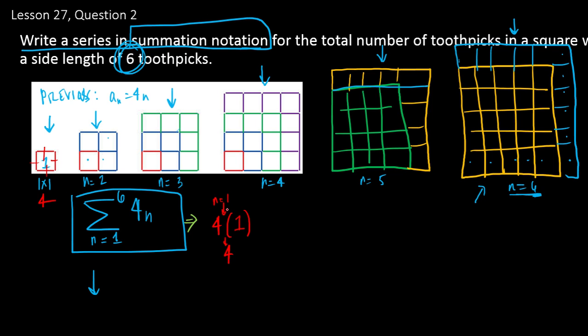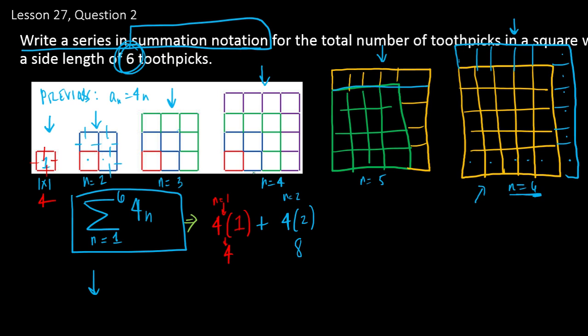So I'm evaluating it for n equals 1, so I plug in 1 for n. 4 times 1 is 4. The next piece is n, so I'm going to take that number and I'm going to add it to n equals 2. n equals 2 would be 4 times 2, which is 8, right? And sure enough, 1, 2, 3, 4, 5, 6, 7, 8 is correct.